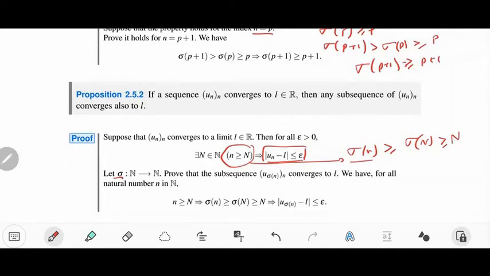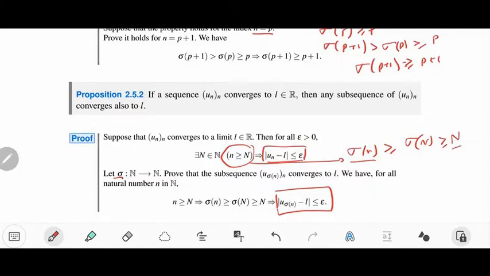Then sigma of small n is greater than big N, which means that the elements u sigma n will satisfy |u sigma n minus L| less than epsilon, because they are elements with indices greater than big N. So we will have |u sigma n minus L| less than epsilon, which means that u sigma n is convergent to L according to the definition of the limit.